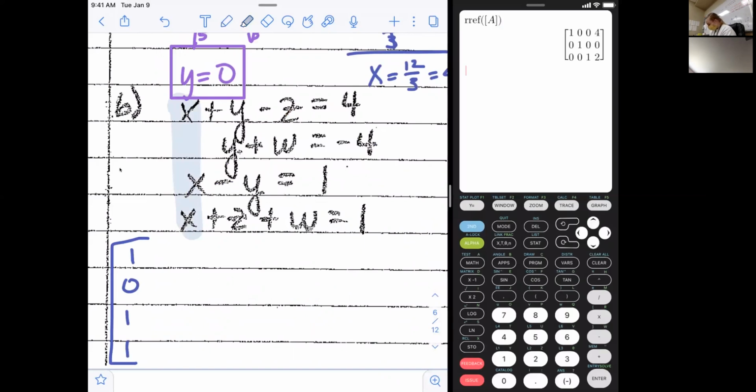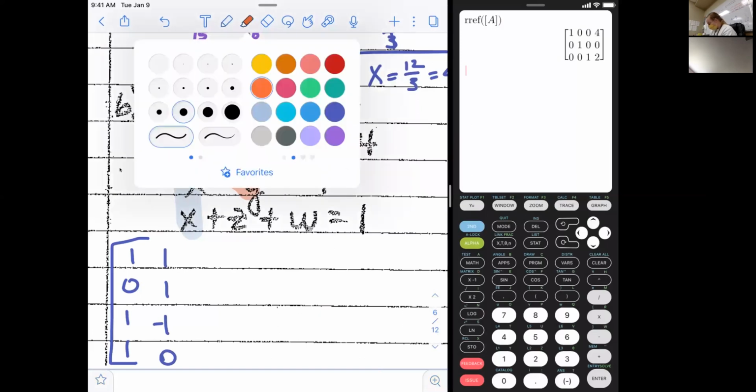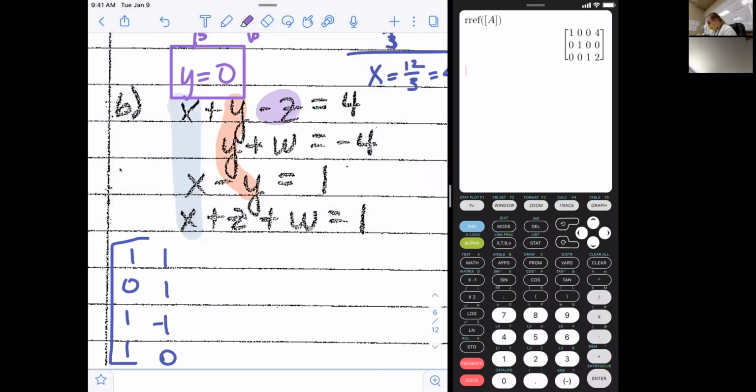Next, I do my Y's. I've got 1, 1, negative 1, 0. There's no Y in the last equation. Now, these are kind of all over the place, but I've got a negative 1 in the first one and a positive 1 in the last one. So negative 1, 0, 0, 1.